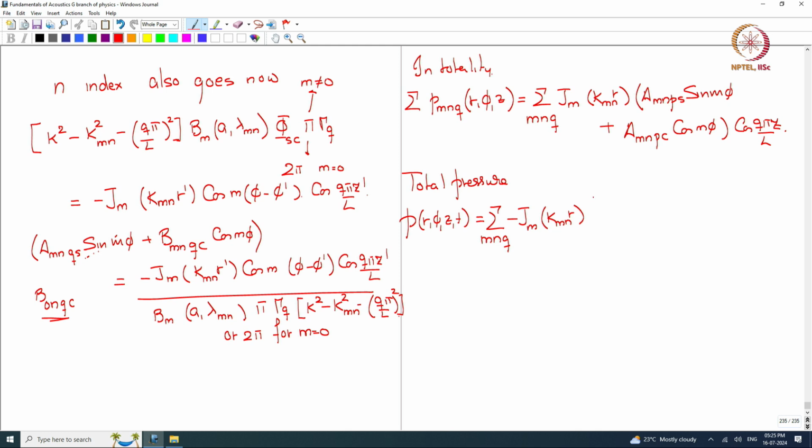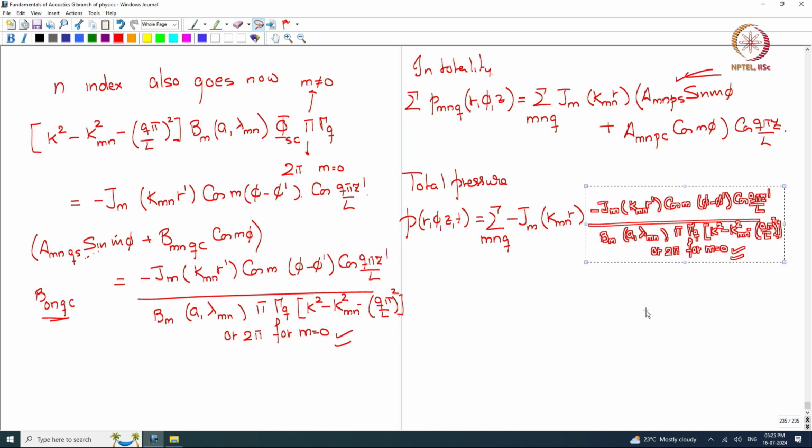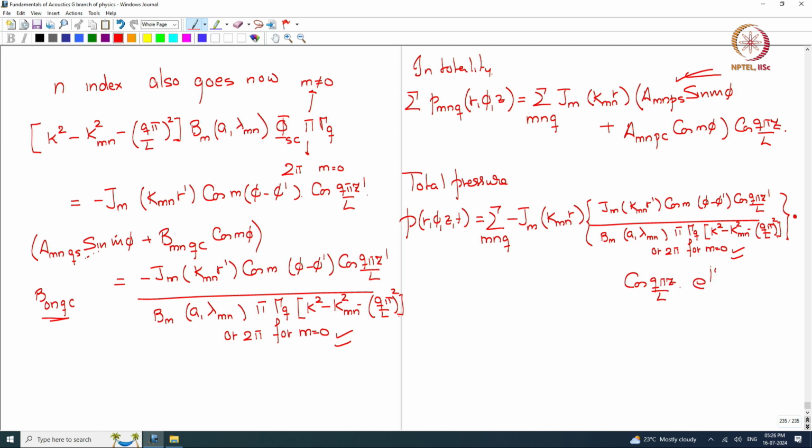And here for this I bring in this entity, so let us do that. Let me put some brackets, and this minus is repeated, into cos(qπz/L) e^{jωt}.